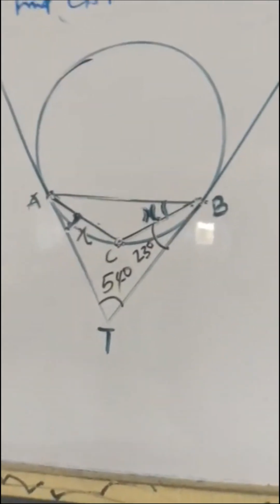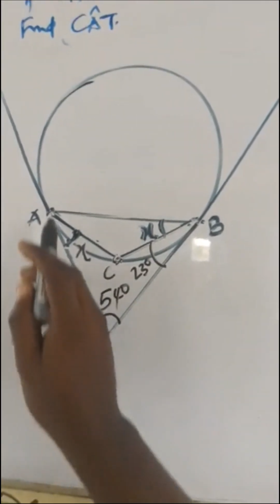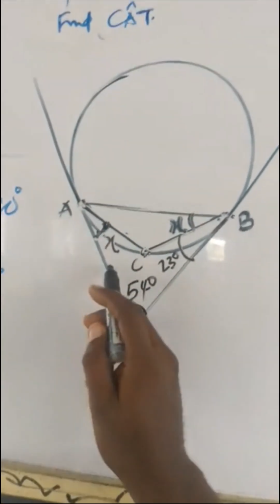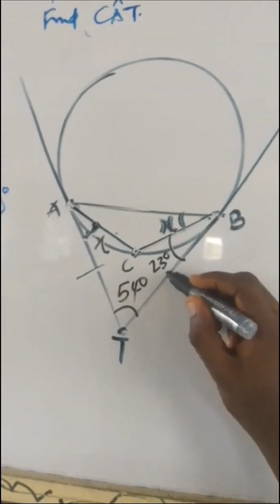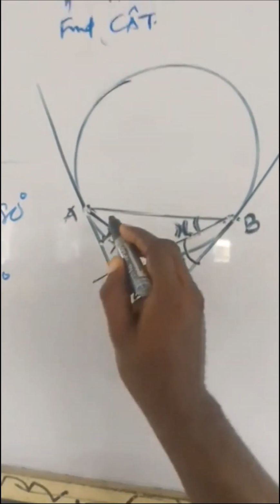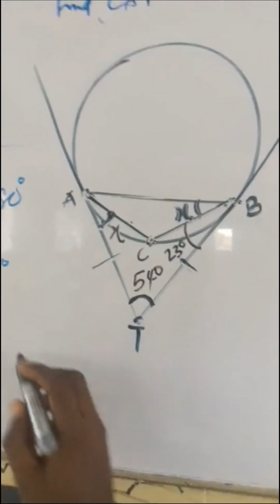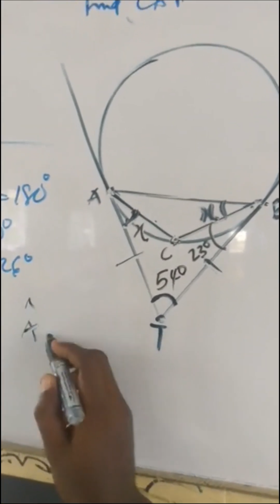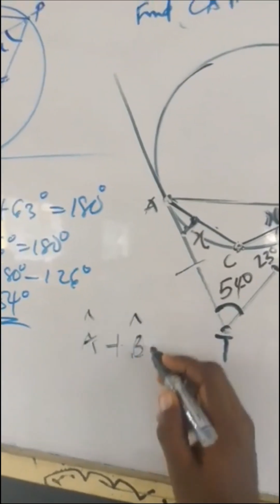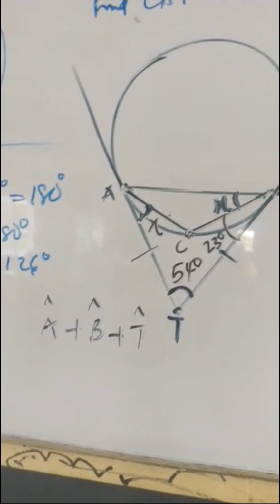So next, when two tangents meet externally, they project the same length from the point of contact. So meaning AT and BT are equal. So the whole of angle A, the whole of angle B, and the whole of angle T must give us 180. Angle A plus angle B plus angle T must give us what? 180.